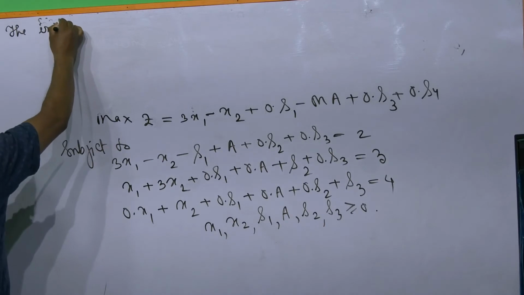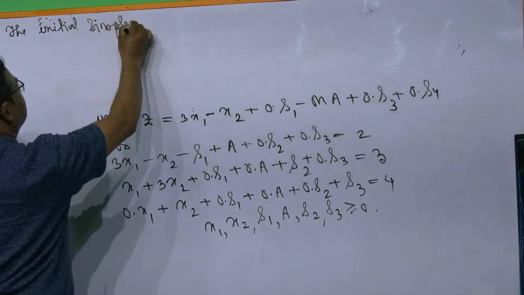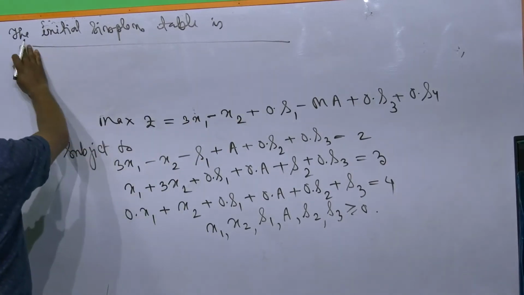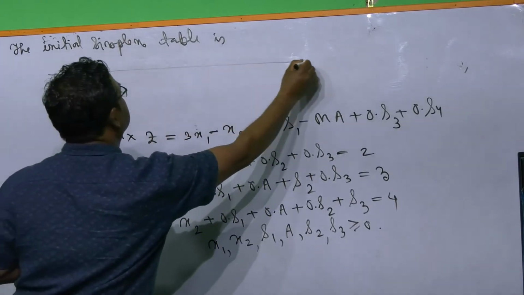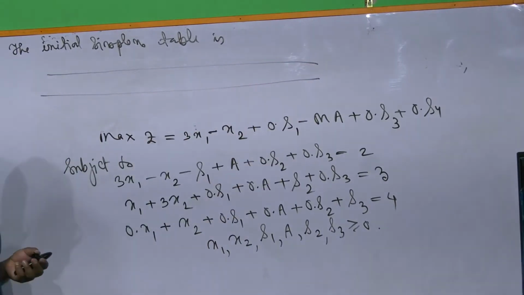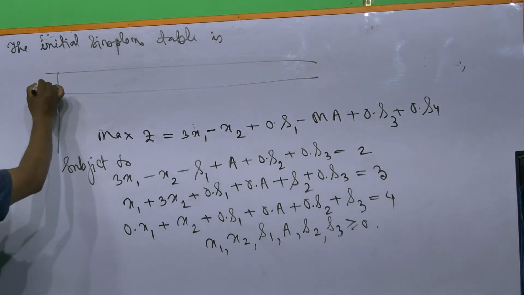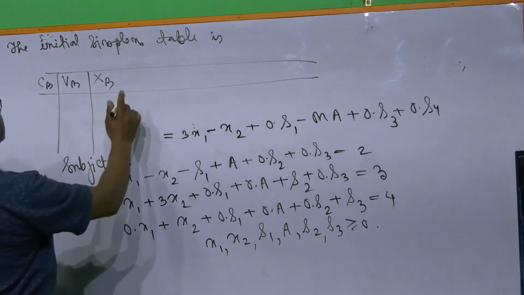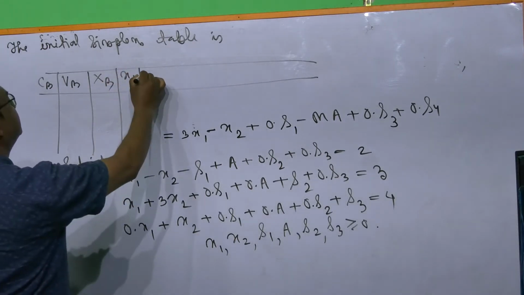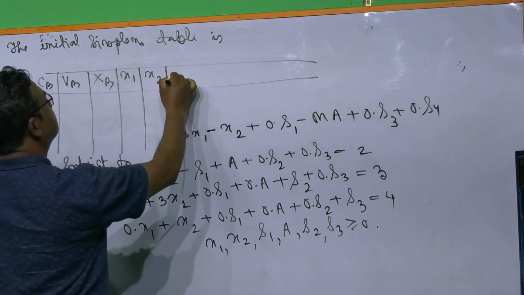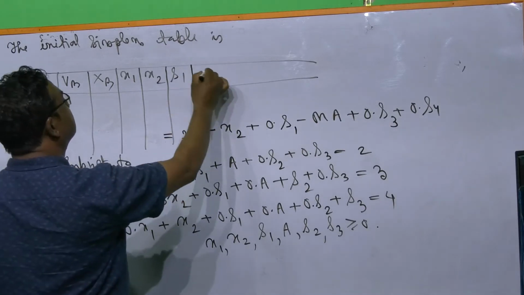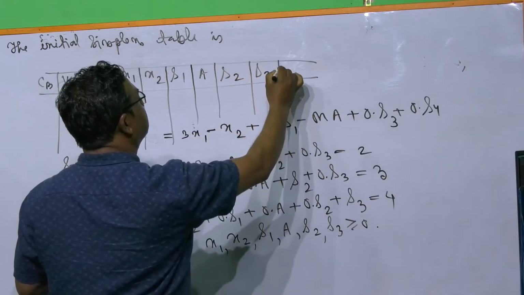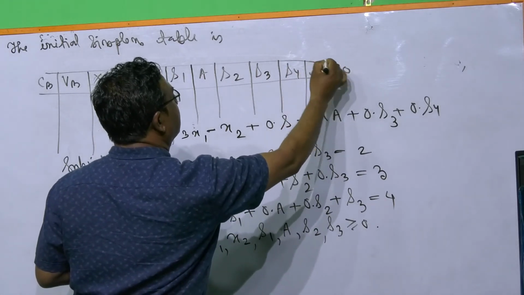The initial simplex table is CB, BB, XB, X1, X2, S1, A, S2, S3, then ratio.